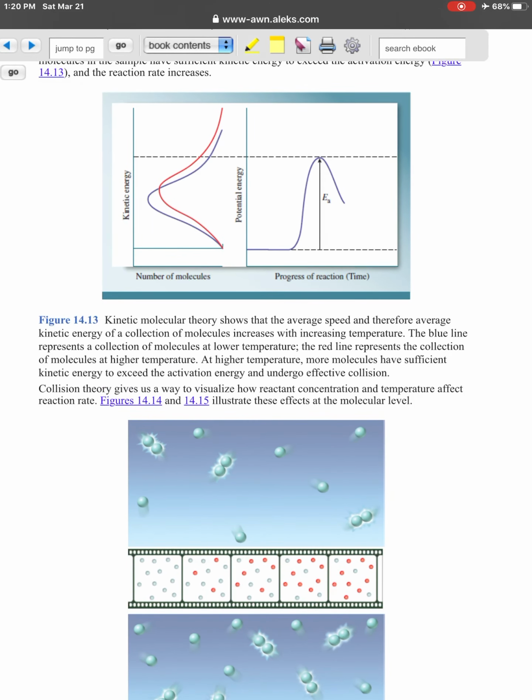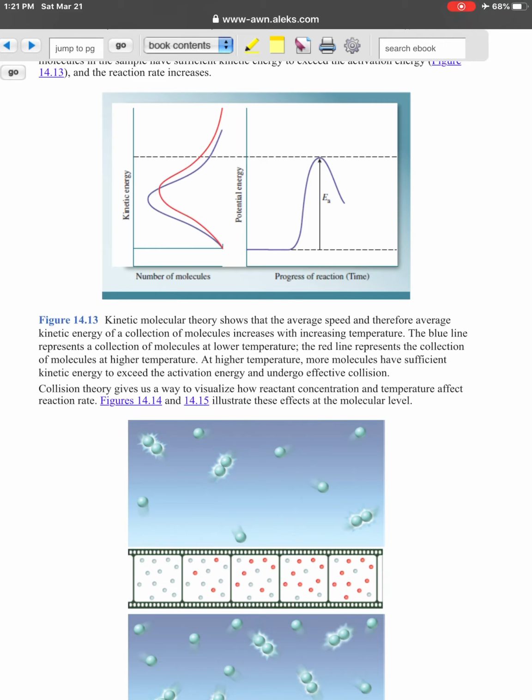Figure 14.13. Kinetic molecular theory shows the average speed and therefore average kinetic energy of a collection of molecules increases with increasing temperature. The blue line represents a collection of molecules at lower temperature. The red line represents the collection of molecules at higher temperature.